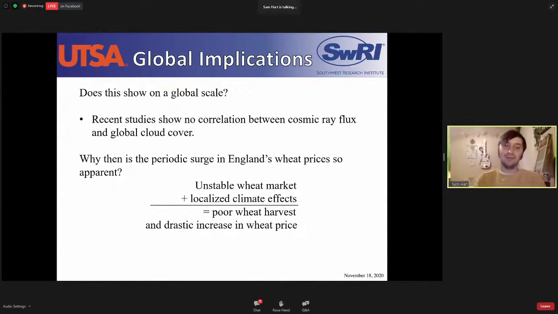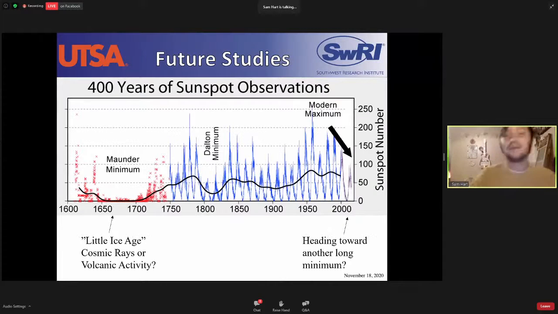But because it is a talk about Earth's climate, it definitely does not come without some controversy, and I will get into that controversy right now. So here is a plot of the last 400 years of sunspot observations on the sun.